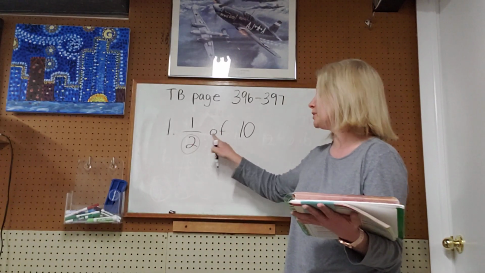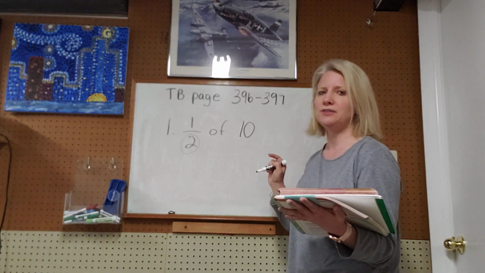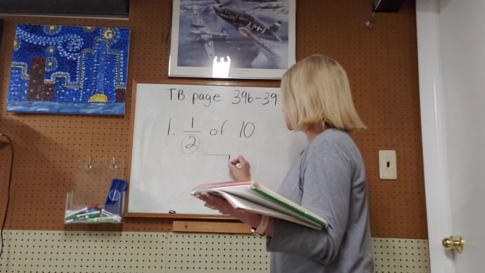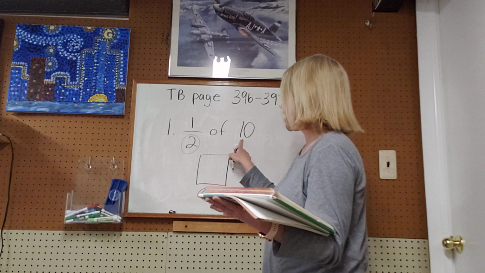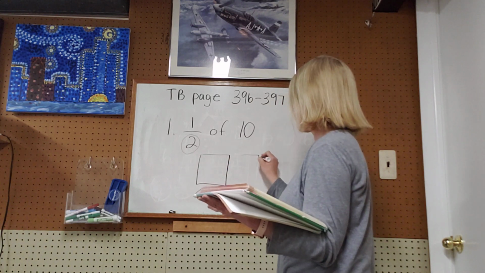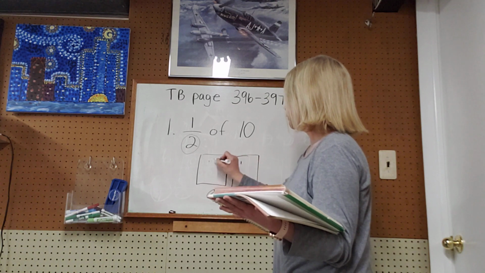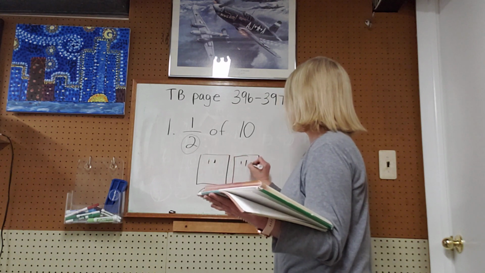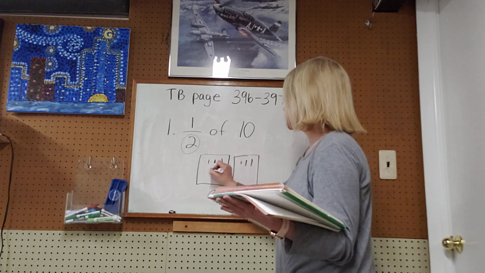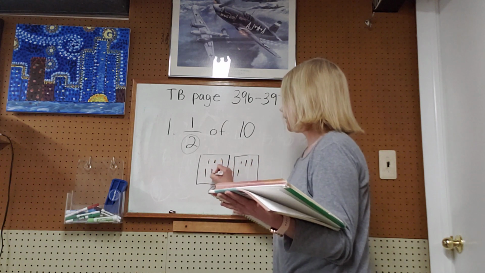It wants 2 groups, and you want a total of 10. So you can divide it out. It's like 10 divided by 2. 1, 2, 3, 4, 5, 6, 7, 8, 9, 10.